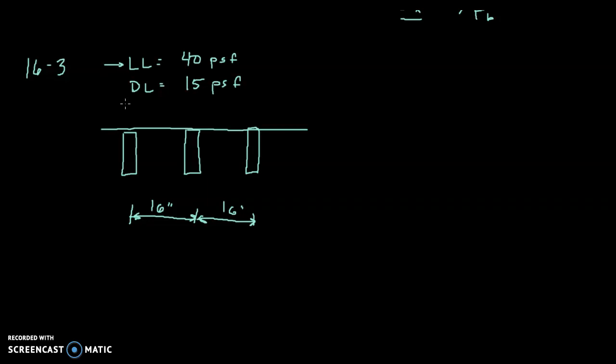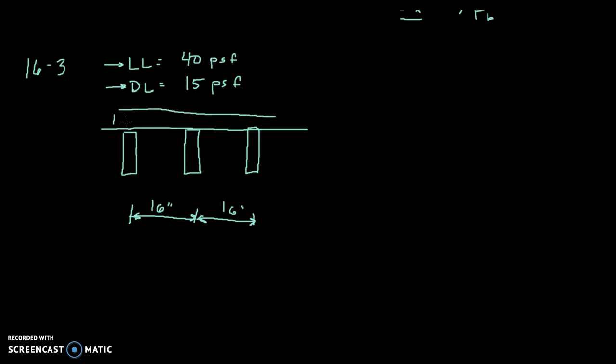So the people inside a building, the furniture, anything else that moves around and is not always present is considered live load. Dead load is a permanent load. It's part of the structure itself typically. So the floor itself, the joists themselves, the walls, the ceiling, all the parts of the structure itself contribute to dead load.